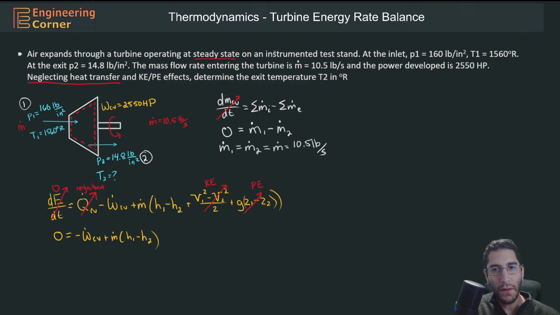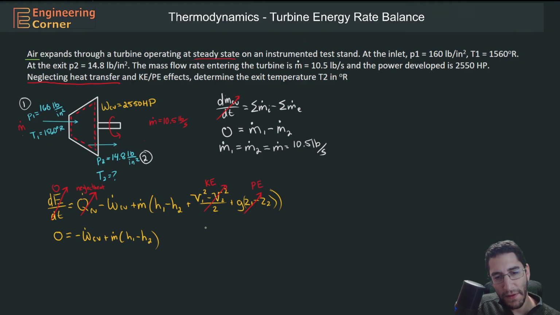Okay, so now we need to realize that the substance we are working with is air. And when we're looking for our enthalpies, we have the temperatures from our problem statement. We have our mass flow rate from our problem statement, and we need to figure out what our enthalpies are.